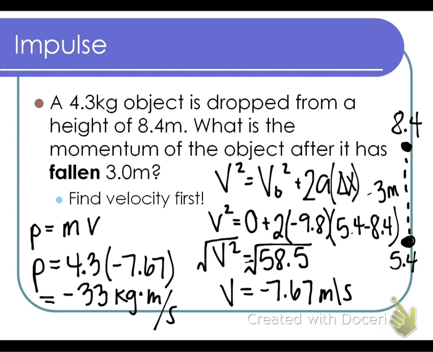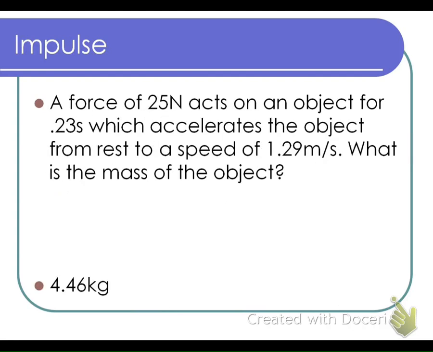Do we agree? Okay, so what does the negative tell us here? What's the negative momentum mean? Yeah, just that it's going down. It's in the downward direction, that the momentum is going down. Okay, do this one on your own.